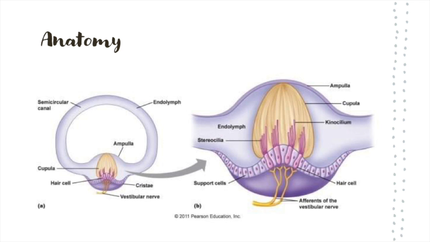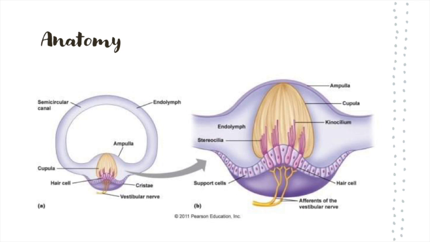These canals are filled with fluid called endolymph that flows into the ampulla, which is pictured a little bit better there on the right. So what happens is these structures contain sensory organs such as tiny hair cells and the cupula here that act as sensory receptors of the vestibular system. And the cupula is just a gelatinous structure that covers those hair cells.